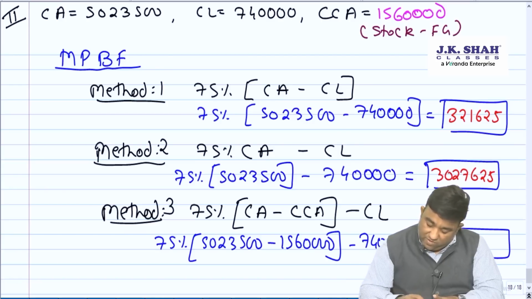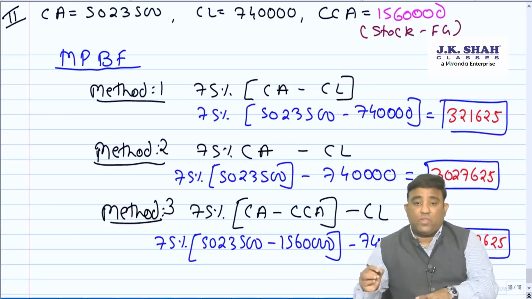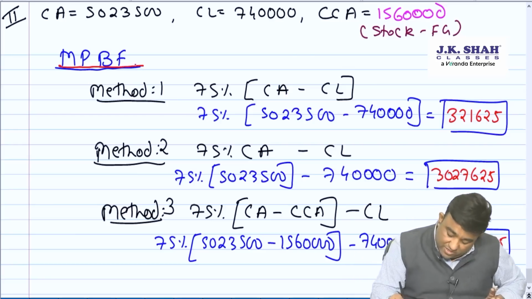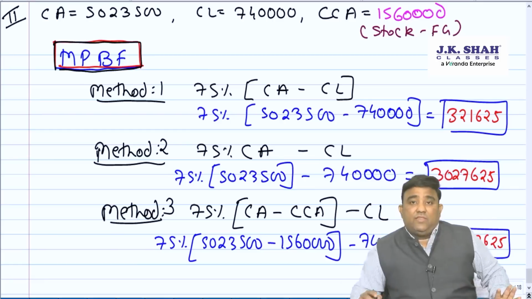And the last one, 50 lakh 23,500 minus 15 lakh 60,000 into 75% minus 7 lakh 40,000 is 185,765. So students, these are the three methods prescribed by Tandon Committee for computing maximum permissible bank finance.